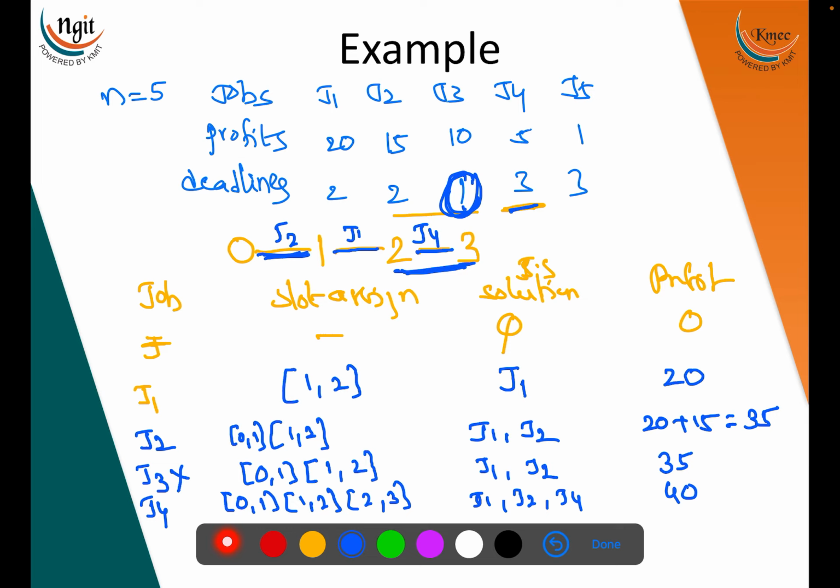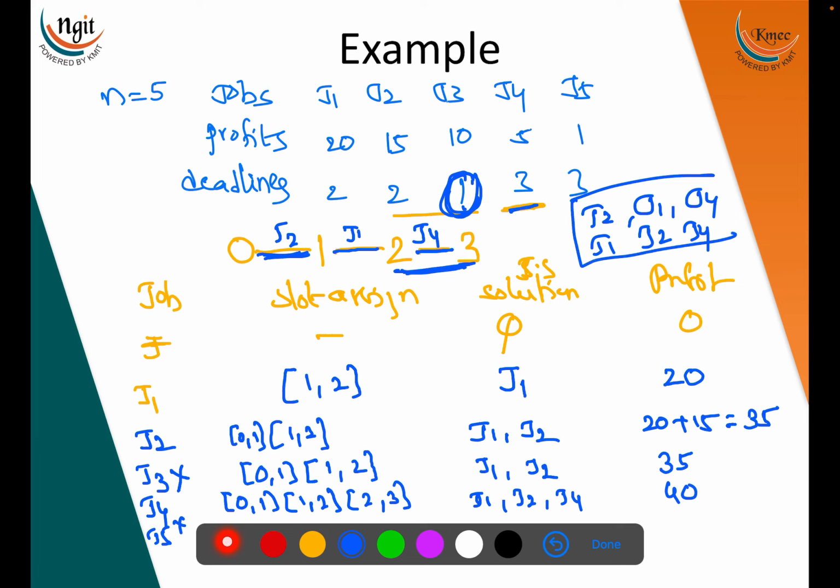Now there is one more job left. If I consider that job, there is no slot vacant to accommodate it, so naturally it is rejected. What jobs did we accept to get finished? J2, J1, J4. In which sequence? J2, J1, J4, right? J1, J2, J4 also, right?